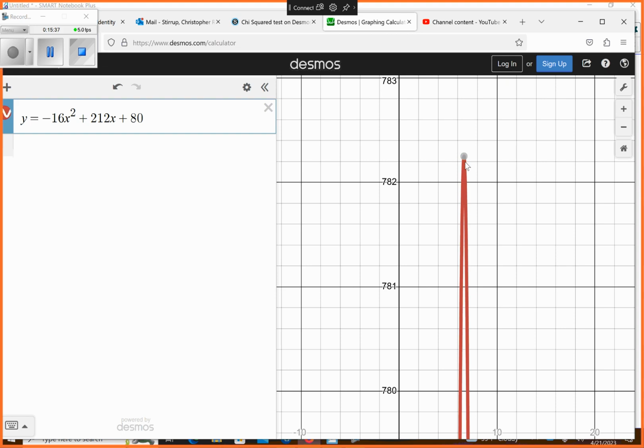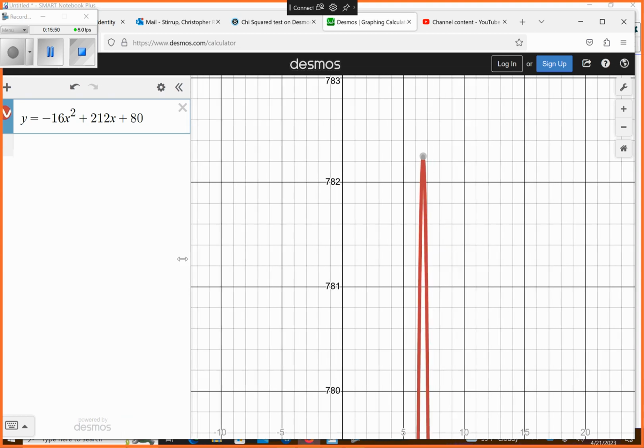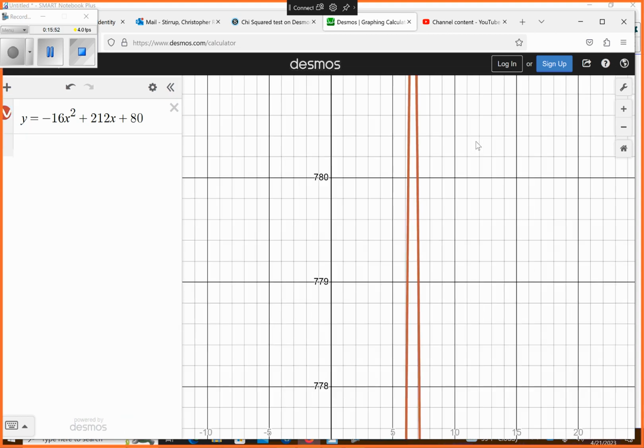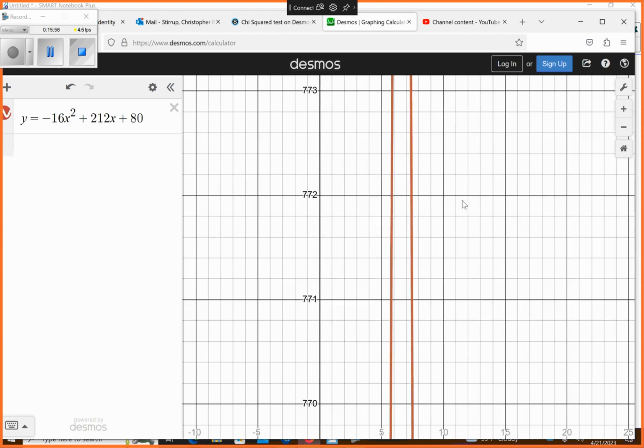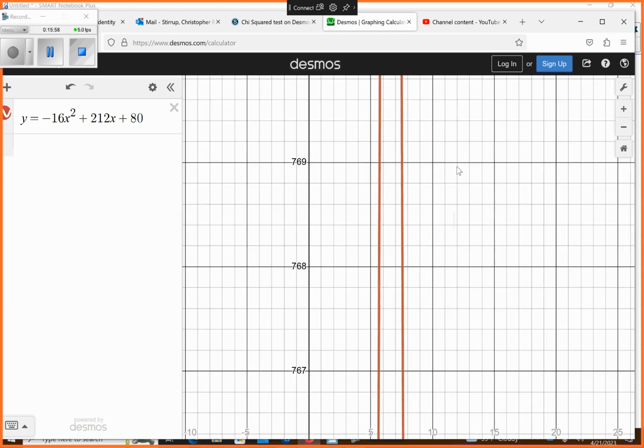So Desmos will do this. What did we say my vertex was? Oh, darn, Desmos did it that quickly. Actually, I can bring this in a little bit. All right, so now this red is the path of our rocket. This is what our rocket did. It went up, and then it came down.